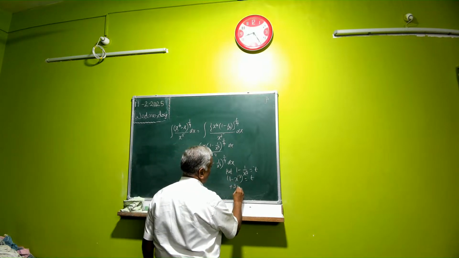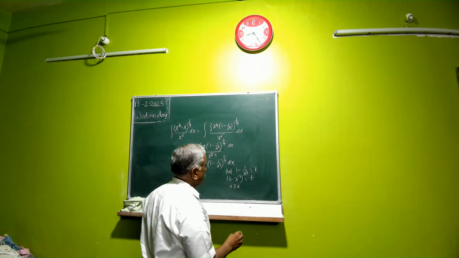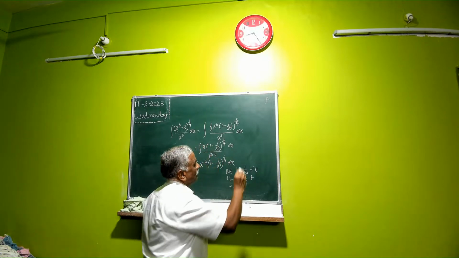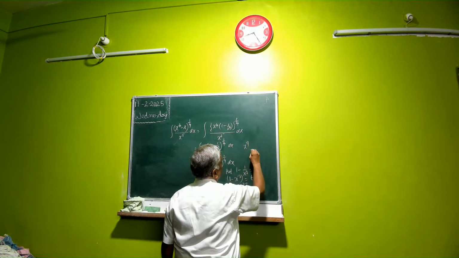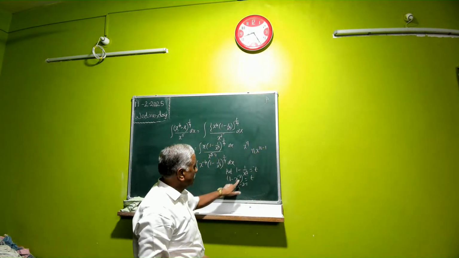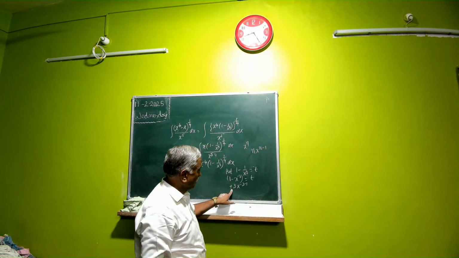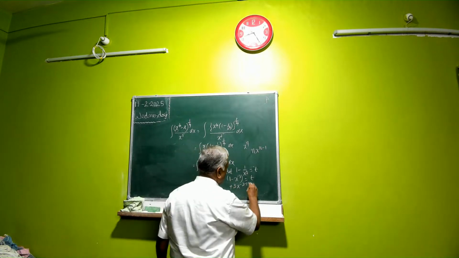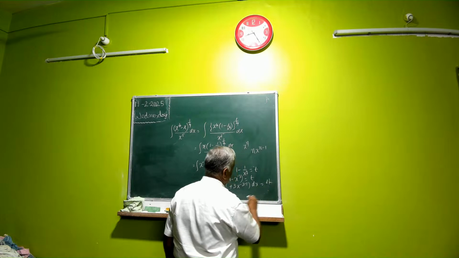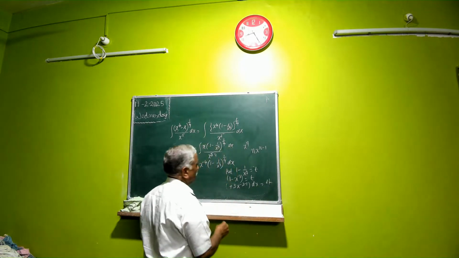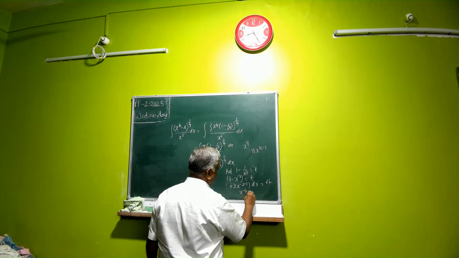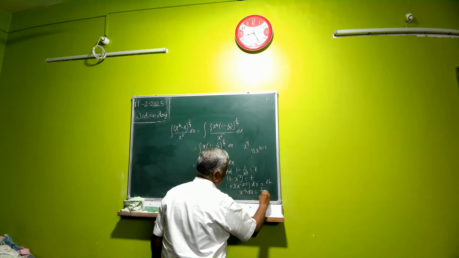Plus 3 x to the power of minus 3 minus 1, because the derivative of x to the power of n is n x to the power of n minus 1. So n is minus 3, therefore it becomes plus 3 x to the power of minus 4 dx equals dt. So x to the power of minus 4 dx is 1 by 3 dt.